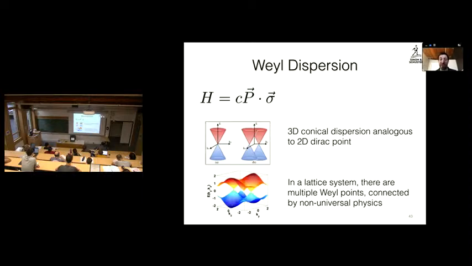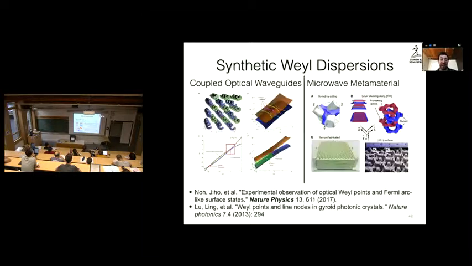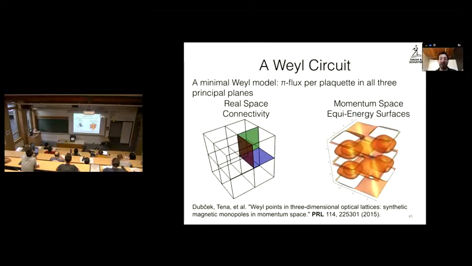And so our point was just that you can also make this, in addition to these sorts of systems, in a circuit. So what's the idea? It turns out that there's a beautiful paper from Wolfgang Ketterle's group, designed for cold atoms, actually, initially, where the idea is just that if you have pi flux through each of the three real space surfaces, you get 4 Weyl points in the Brillouin zone, okay?